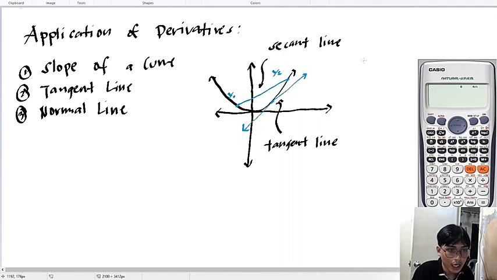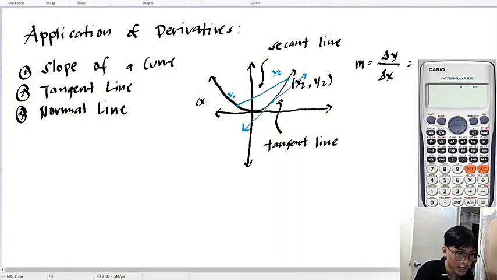The equation of a slope is simply m equals change of y over change of x, and this is the slope of your secant line, with y sub 2 and x sub 2, and y sub 1 and x sub 1. So when we say slope of a secant line, that is what we call the average rate of change.